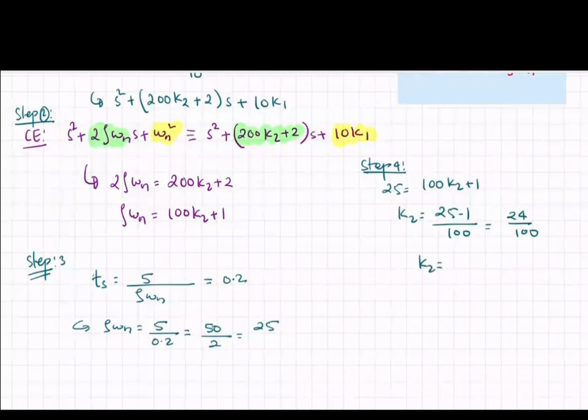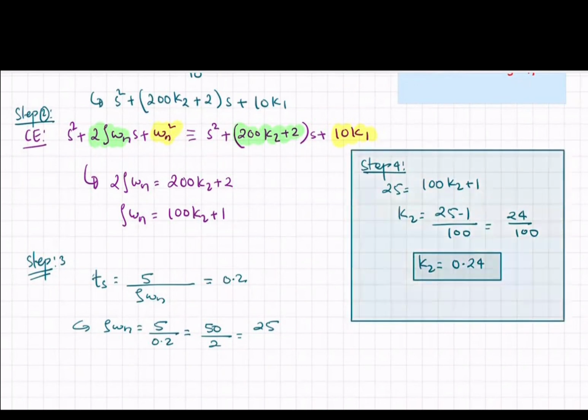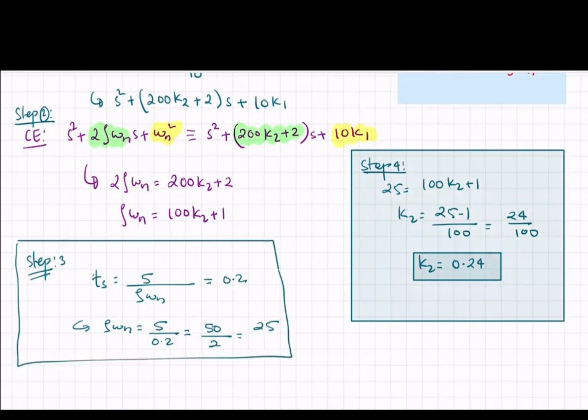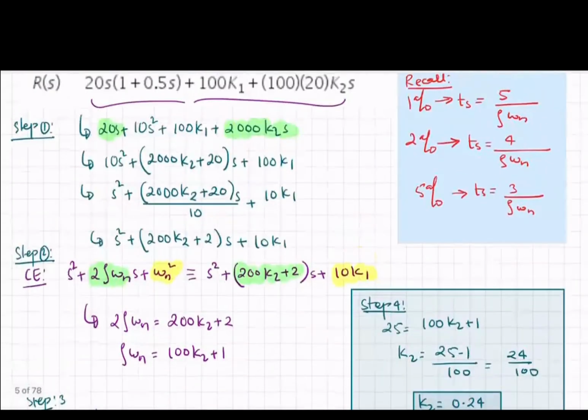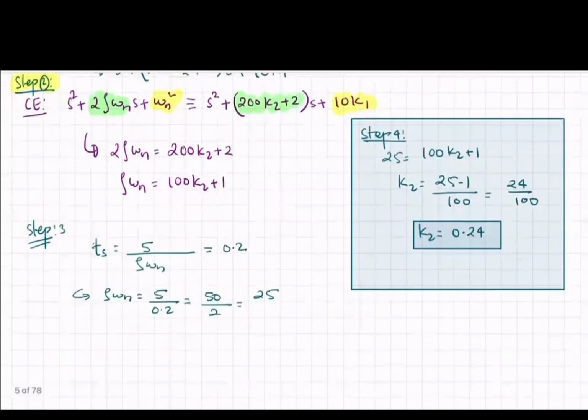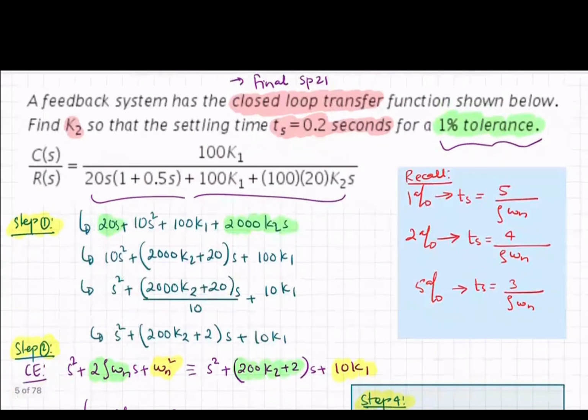Therefore, k2 equals 0.24. So this is my answer. This is the value for k2 in the given closed loop transfer function. Let me just highlight them, and that is it. There you have it. So the value for k2 here is 0.24.